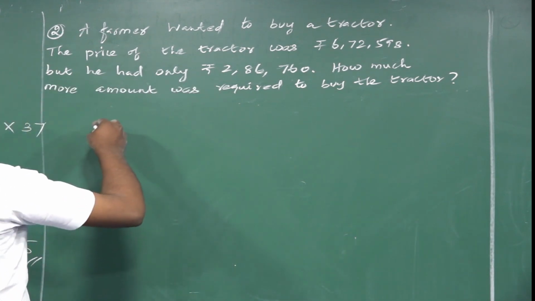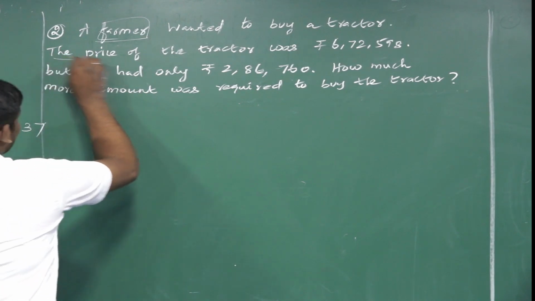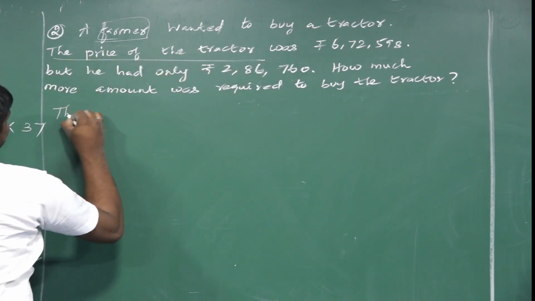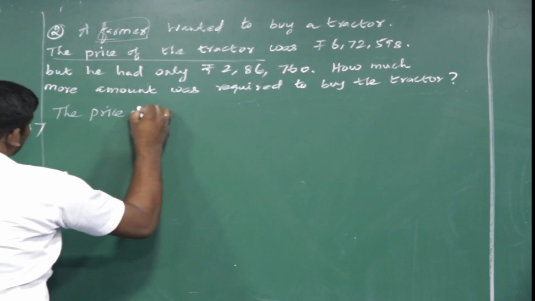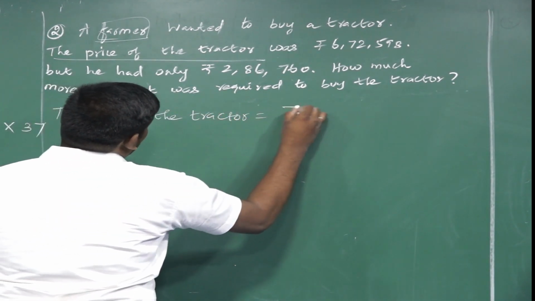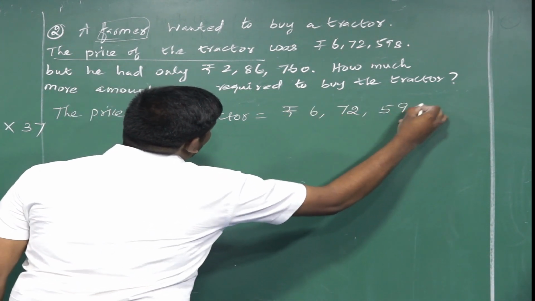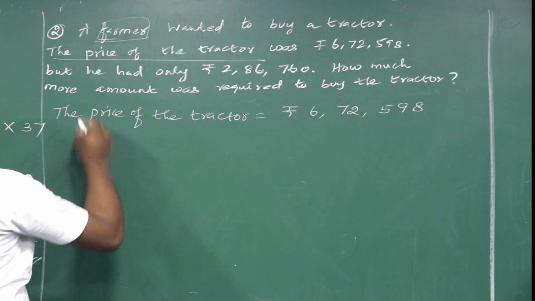See, who wanted to buy a tractor? A farmer. First we write the step. The price of the tractor, rupees 6,72,598.